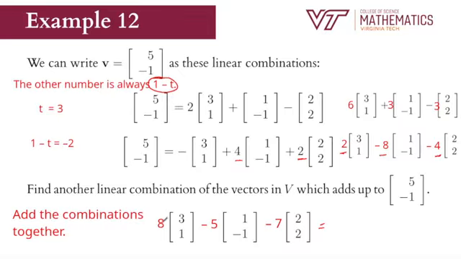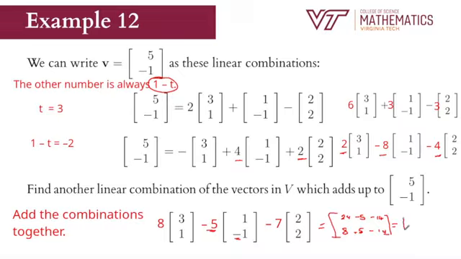So let's try this. In the top row, we're going to get 24 minus 5 minus 14. And the bottom row, we're going to get 8, -5 times -1 is +5, and -7 times 2 is -14.